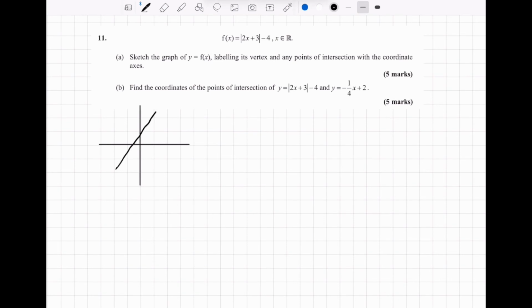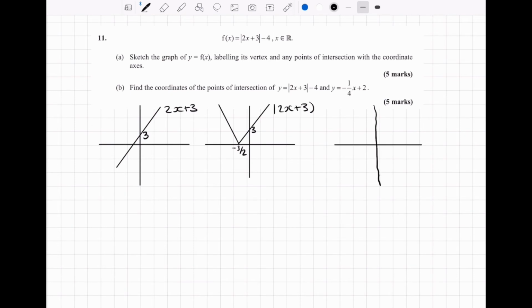Next is graphs. So first we just need to sketch the graph of f of x. I'll do this in stages. So first I'll plot 2x plus 3, and then I'll take the modulus of that, so reflect anything negative. We only have positive values. And then I'll do minus 4, so we'll take all of that graph down by 4.